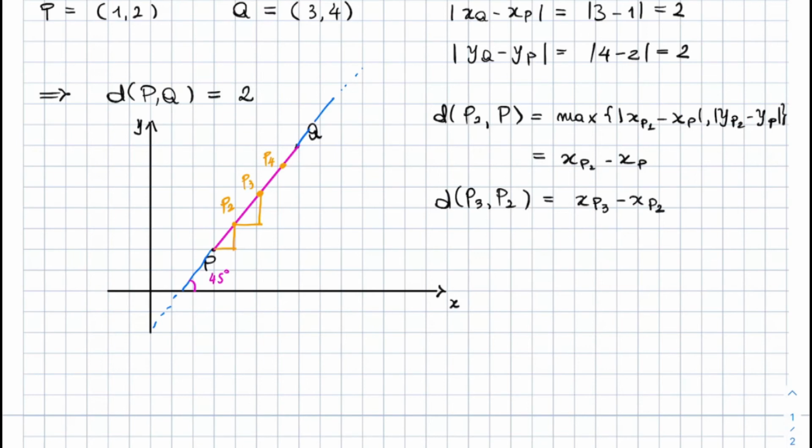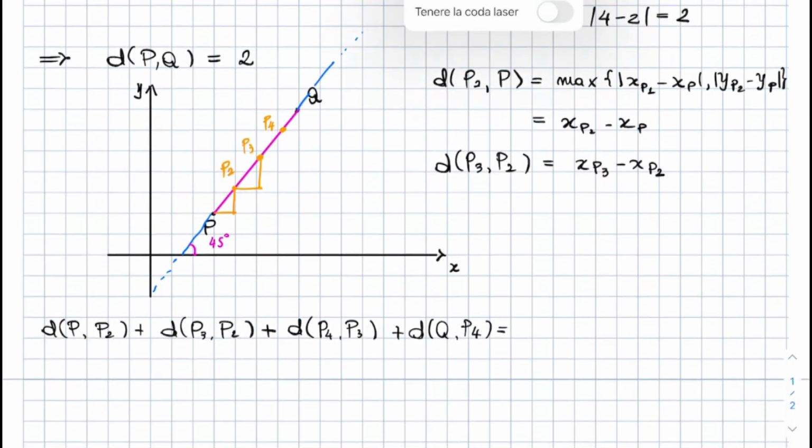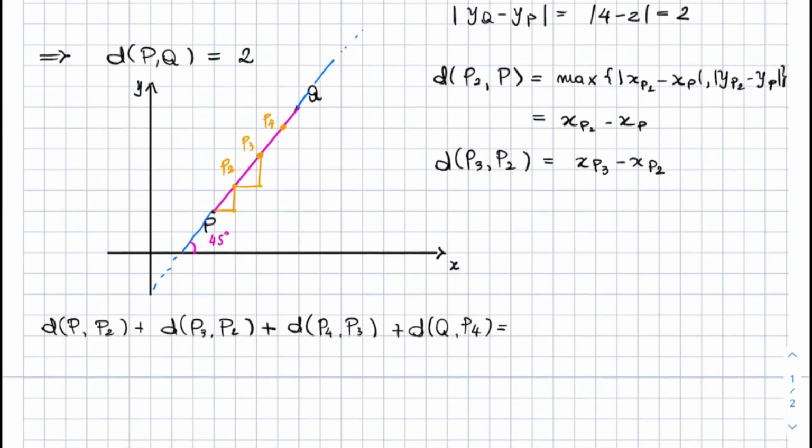So if we write the sum we had above, so the distance between P and P2 plus the distance between P3 and P2, the distance between P4 and P3 plus the distance between Q and P4, then this will be the sum of the differences between the x-coordinates.